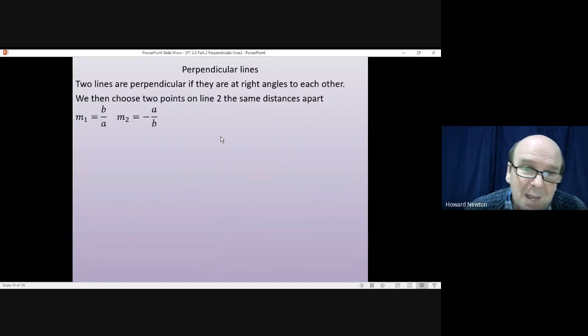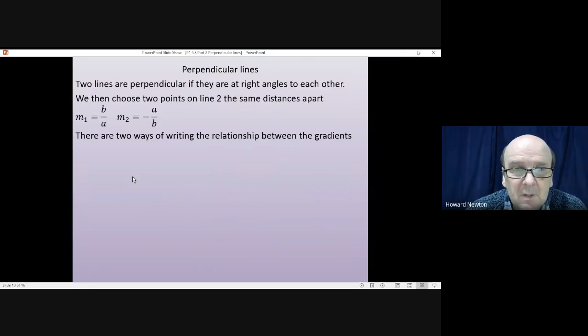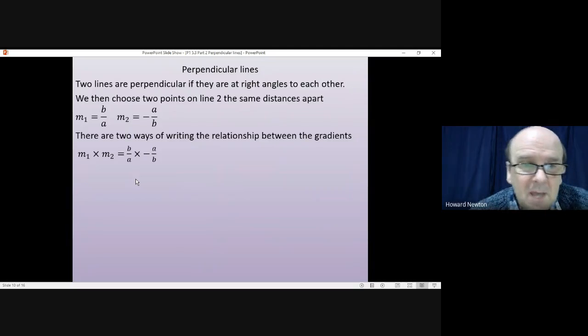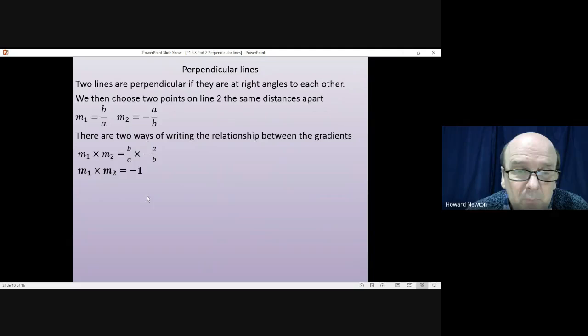Now there are two ways that we can choose to write down the way these two gradients relate to each other. The first thing we can do is just multiply the two gradients together, M1 times M2, which will give us B over A times minus A over B. The B's cancel, the A's cancel. All you're left with is minus 1.